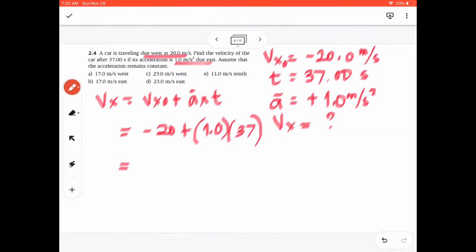If you add this together using your calculator, you will have the answer 17 meters per second. And since it's positive, it means that it is east. Okay, so our answer here is letter B.